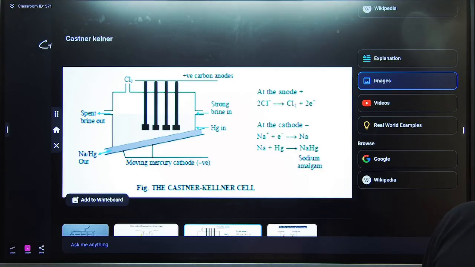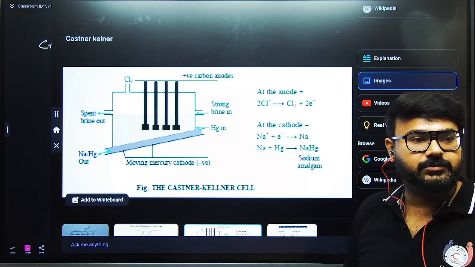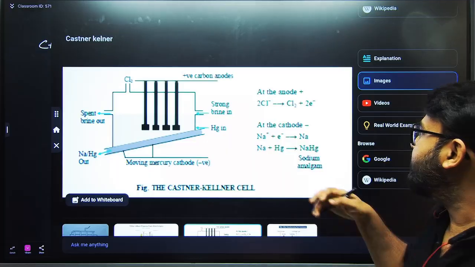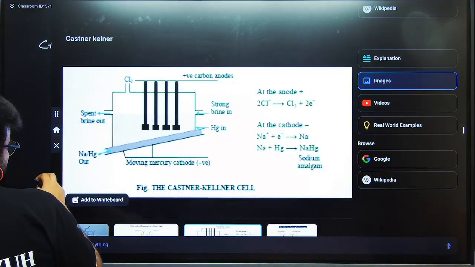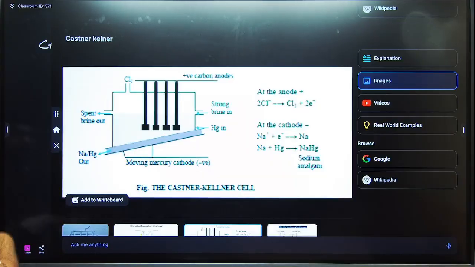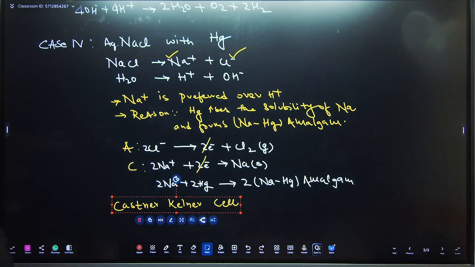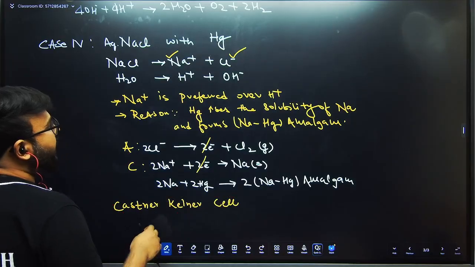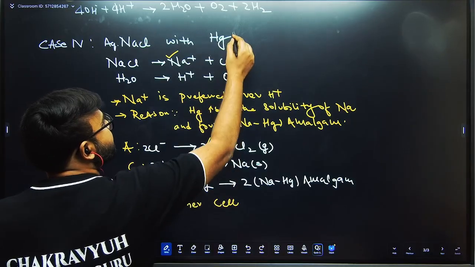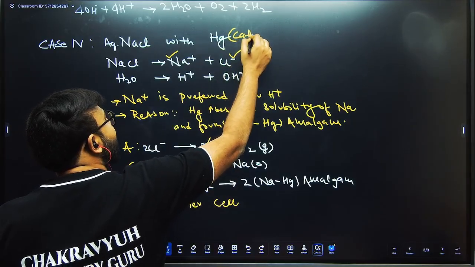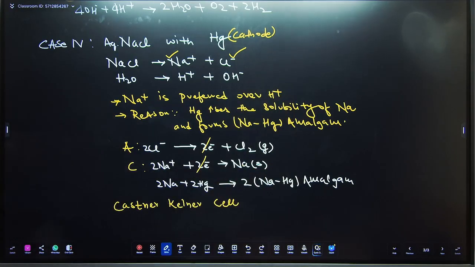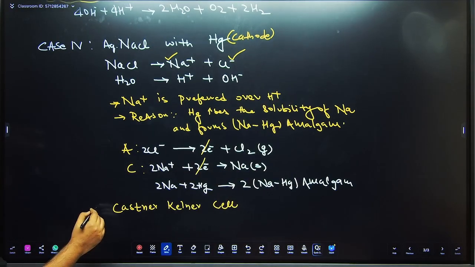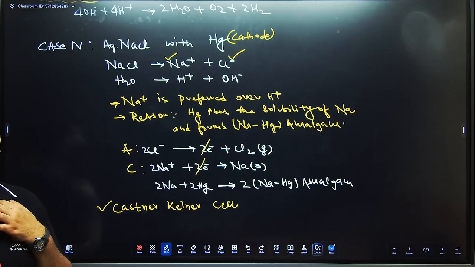I hope it's clear. Tanish, you understood, right? So overall I have shown, no? This is anode, this is cathode, just write overall, that's it. Cut the electrons. Online, did you all understand this? So remember, the mercury which was used, that is the cathode. Mention that. This reaction indicates which cell?